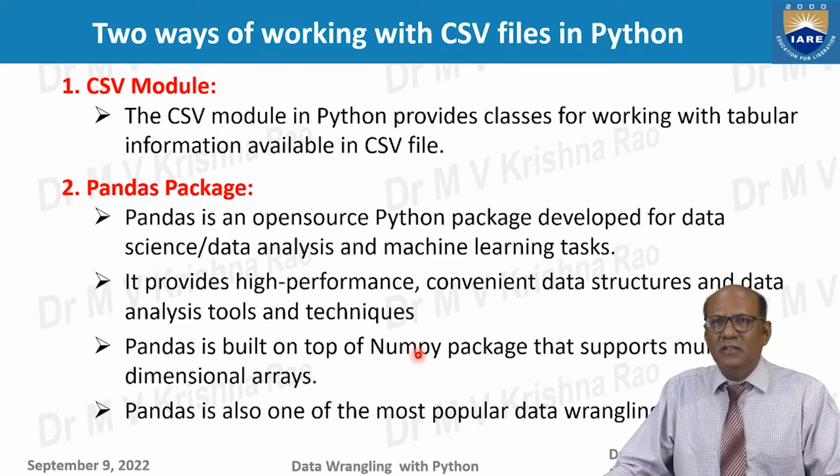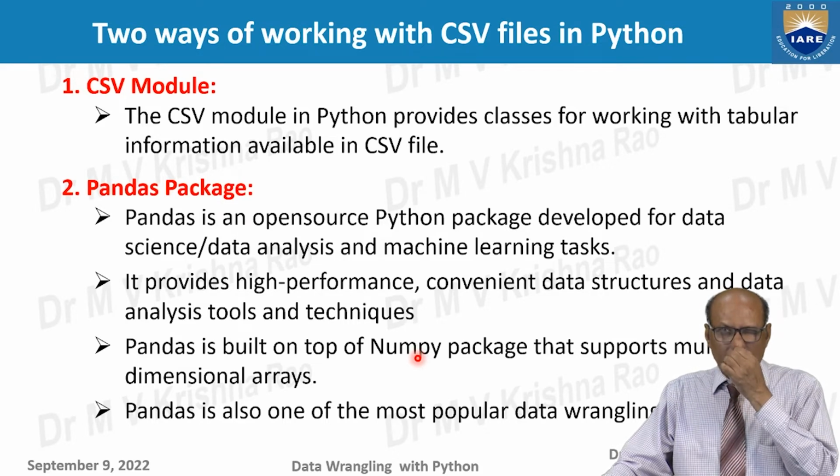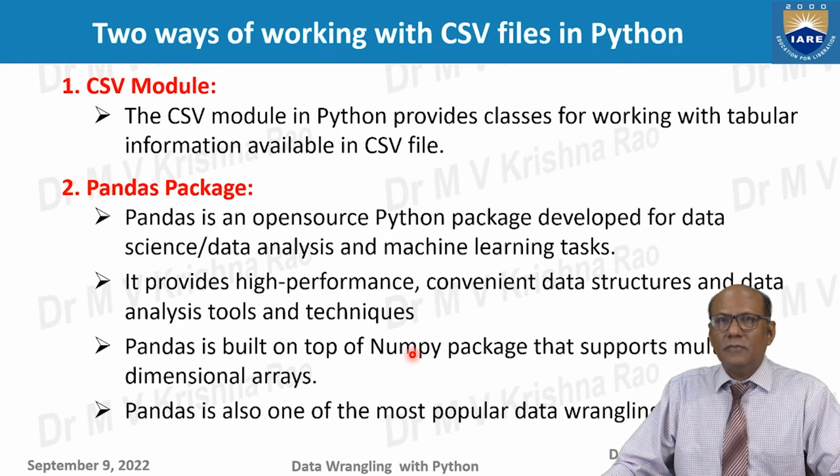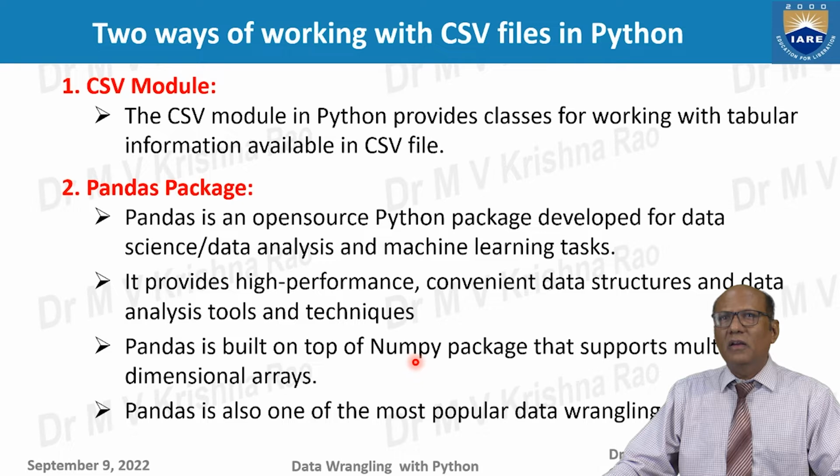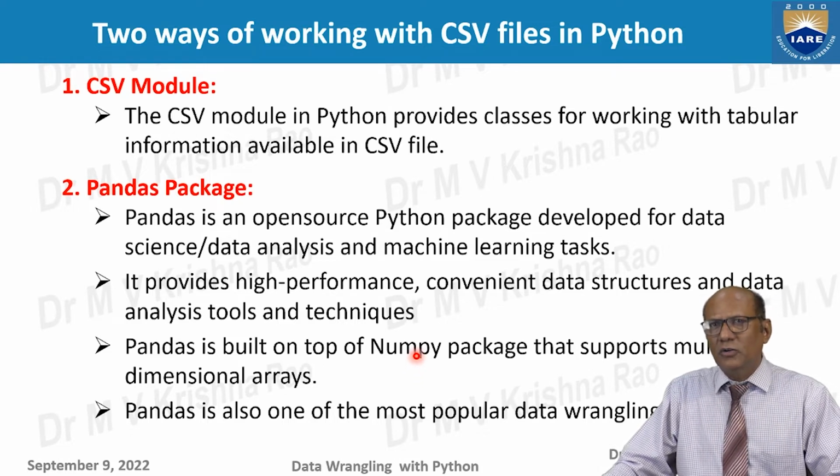If you take Python as such, it supports lists. When you want totally numerical processing, there was a necessity for a separate package, because a NumPy array is a homogeneous type of variables. All are float numbers, or all are integers, mostly numerical things.